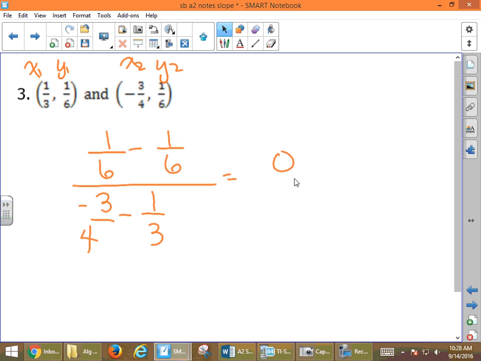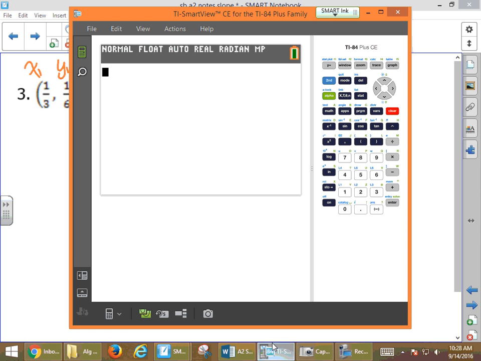Now, if you need to type in this bottom part, then we go to our calculator. Remember, the fraction button on the calculator is alpha y equals, unless you have the Inspire.